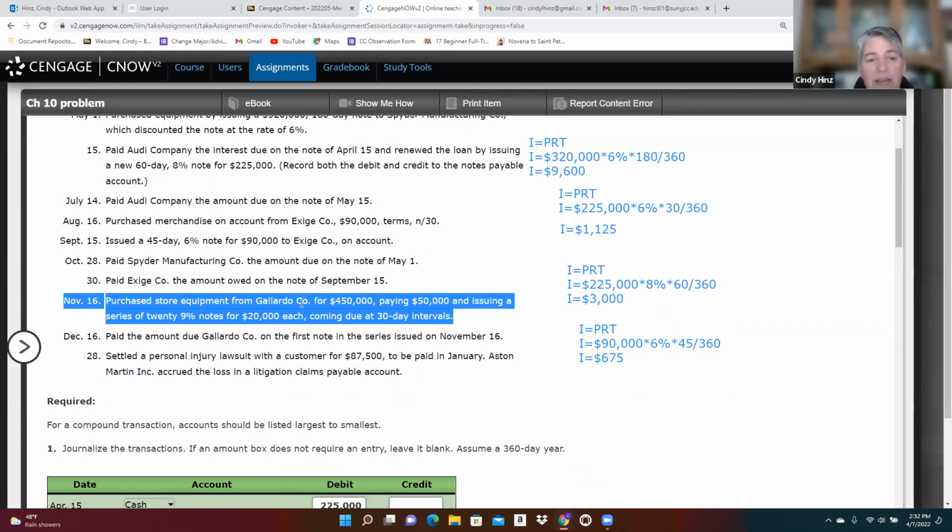So every 30 days until we've paid off the full $400,000 plus interest, we're going to pay $20,000 plus the interest. 20 months later, we will have paid off the rest of that balance.